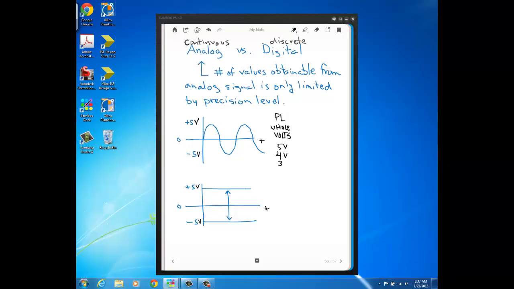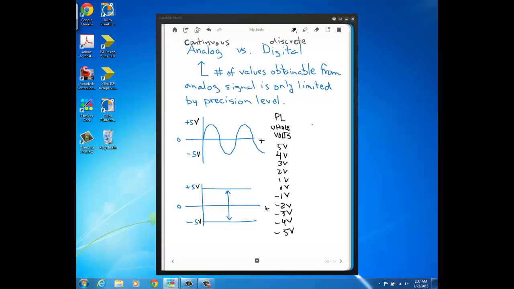So 5 volts, 3 volts, 2 volts, 1 volt, 0 volts, and I could have -1, -2, -3, -4, -5. So with this precision level, whole volts, I could obtain 11 different values from either one of these analog signals.